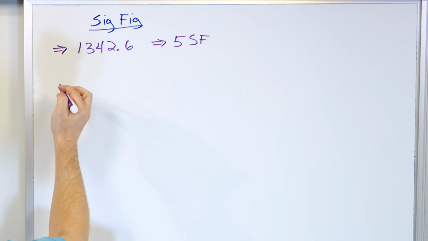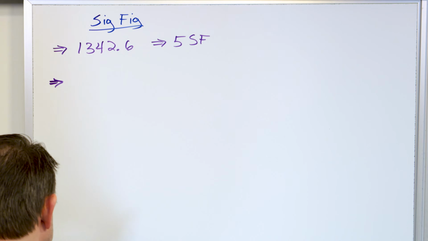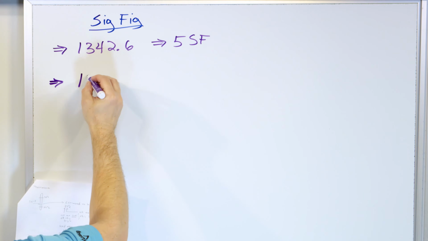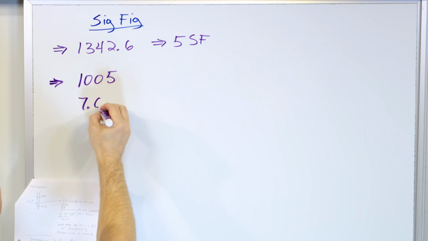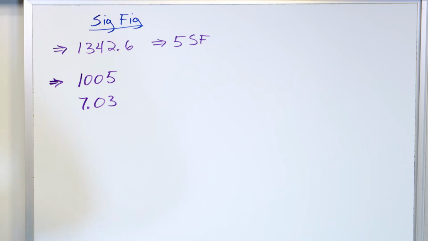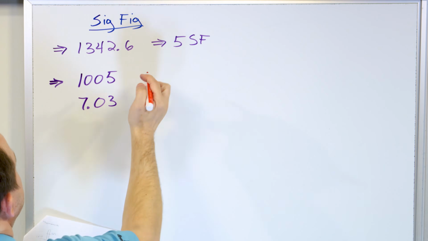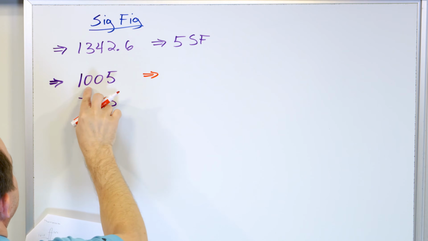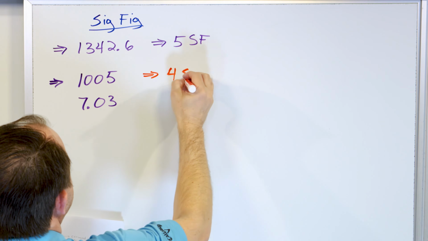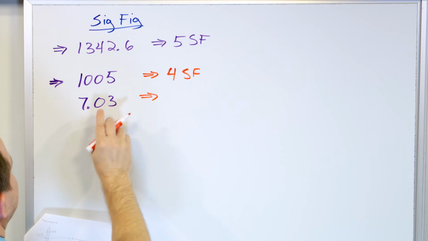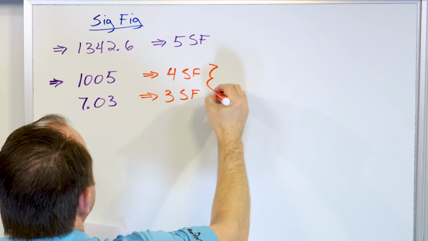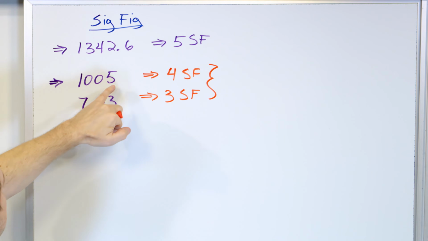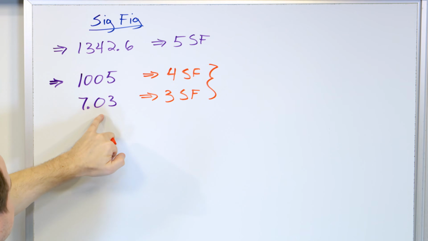Now let's take a look at rule number 2. What if I give you the number 1005 or the number 7.03? All right, well, this guy actually has 1, 2, 3, 4 significant figures, and this guy actually has 1, 2, 3 significant figures. So the rule here, obviously the non-zero numbers are significant, but what do you do about the zeros?